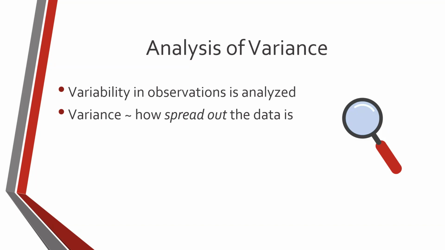With agriculture research, there's of course always going to be variation, and it comes from a variety of sources. Thus the analysis of variance helps us to understand and draw conclusions. Statistical variance is a measure of how spread out the data is about its mean.